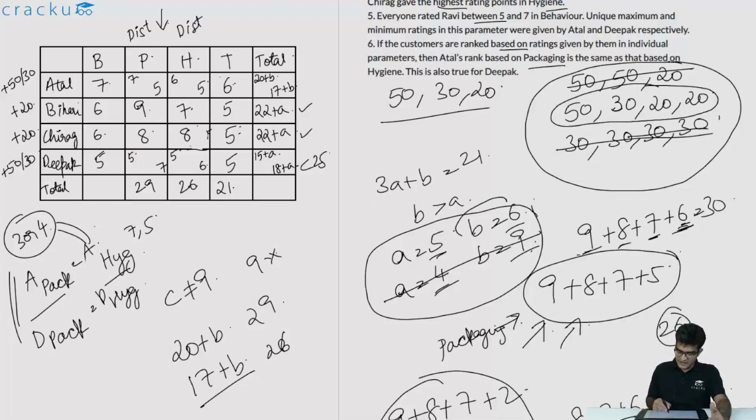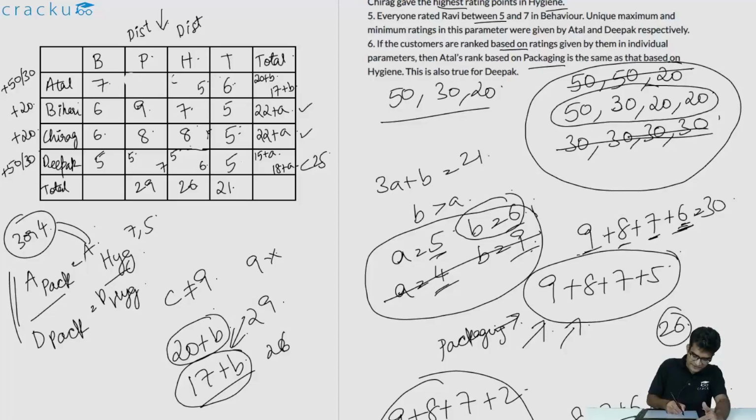Now, even when the value of B is 6, in the first case, the total given by Atal will be 20 plus 6, which is 26. Again, there will be a bonus given to Ravi. We don't want that. So the only scenario in which Ravi is not going to get a bonus for his delivery by Atal is if the total is 17 plus B. So this would imply that Atal gave a rating of 5 and 5 in these two.